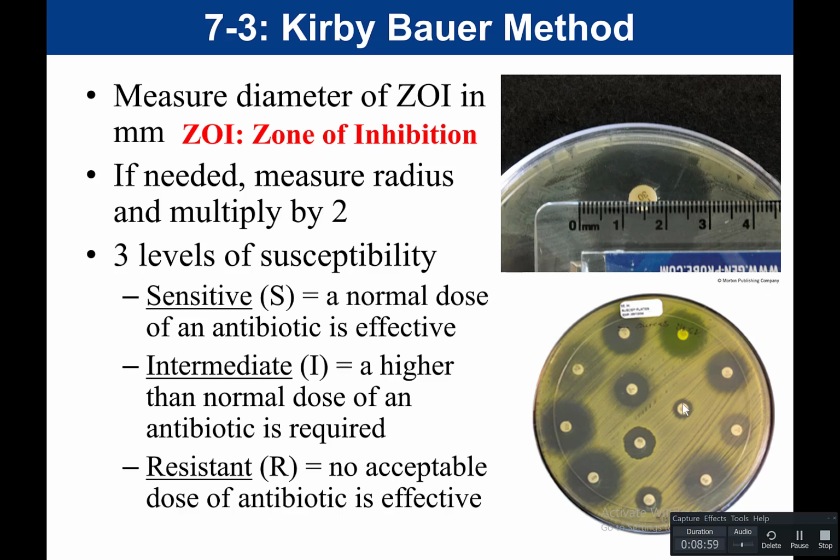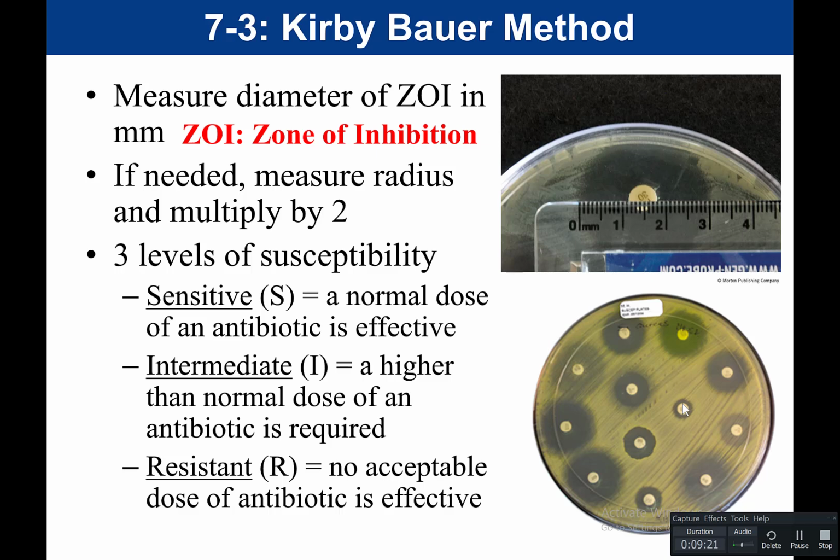It's not effective against inhibiting that bacteria's growth. And therefore, in that case, there's no dose of that antibiotic that could be used that would be safe. So we would say that the bacteria is resistant to that drug. It doesn't respond to that drug. The drug does not inhibit their growth.